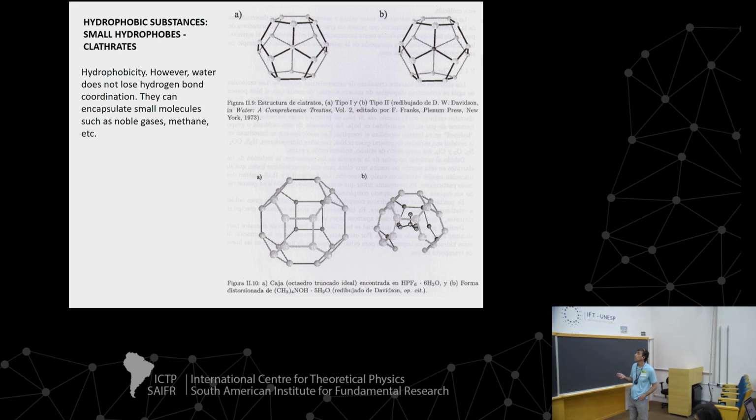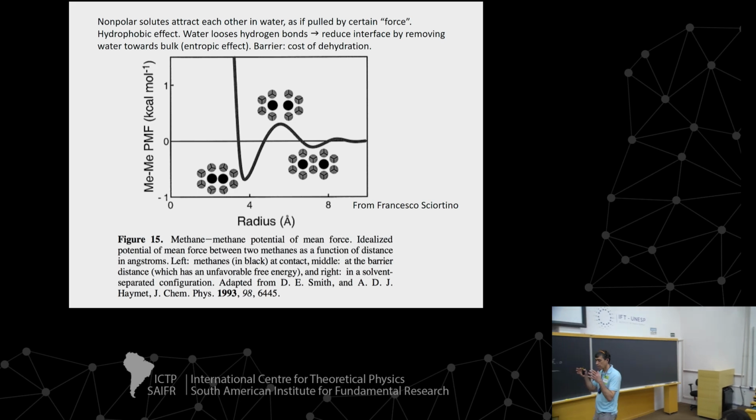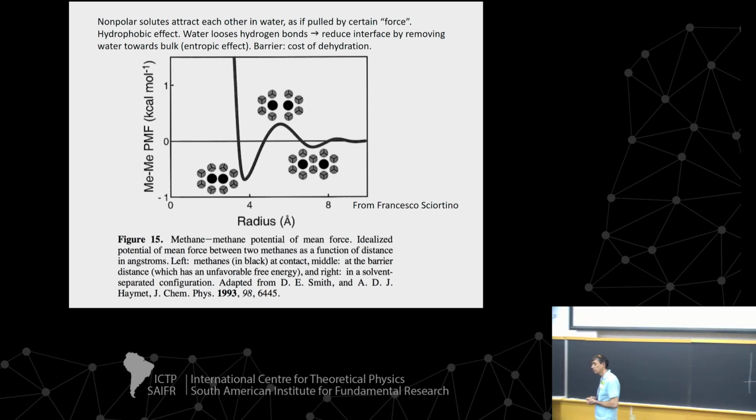So clathrates are a good option when you have to put a hydrophobe in contact with water. But this is only possible for very small systems. When the system grows, there is a disruption in the hydrogen bond network of water.